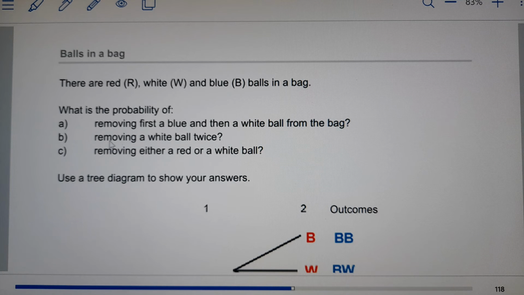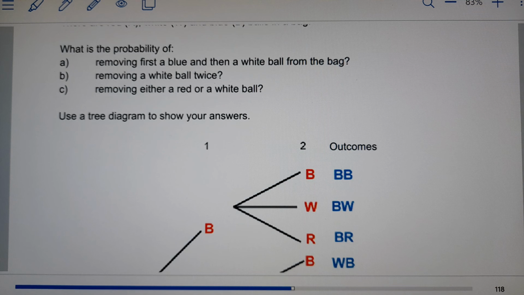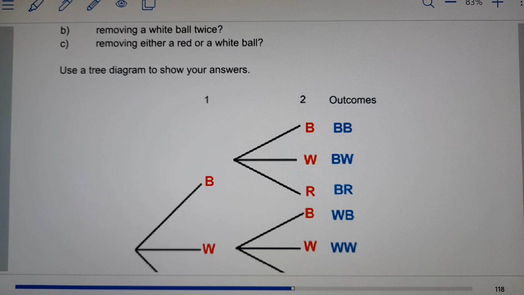So you can see that there are 2 events here in number A. There's blue first and then white. So 2 draws. We will start by drawing our tree diagram.